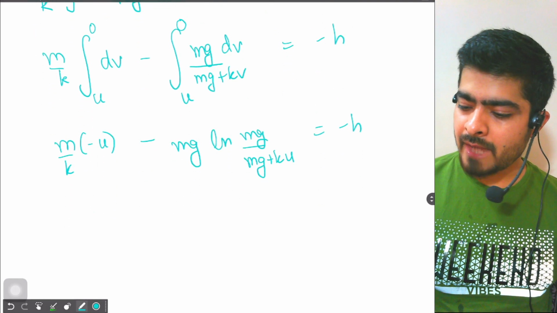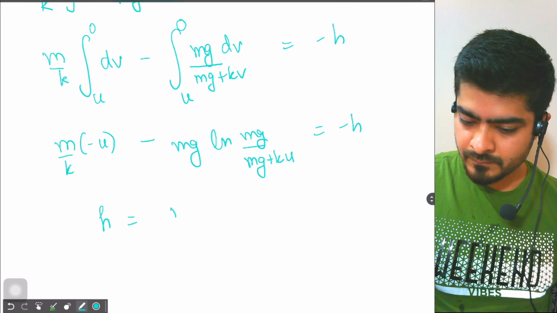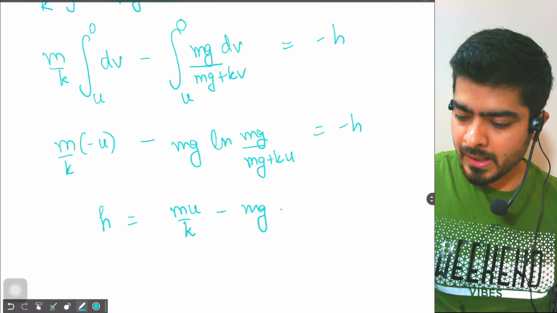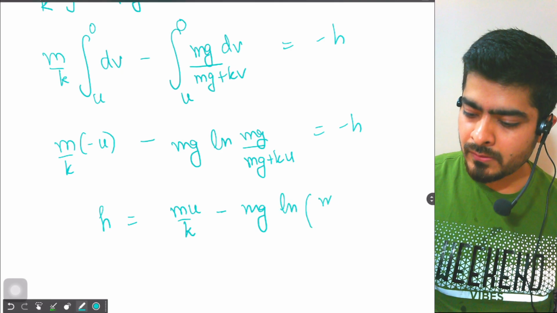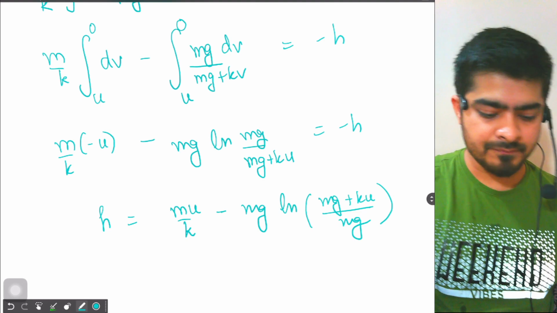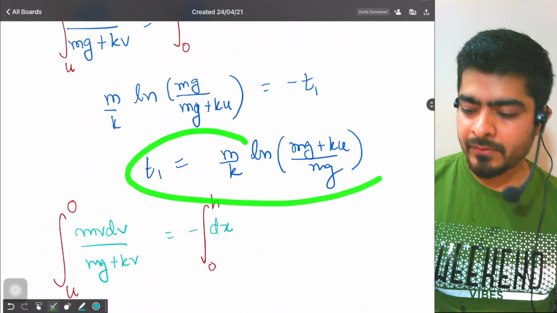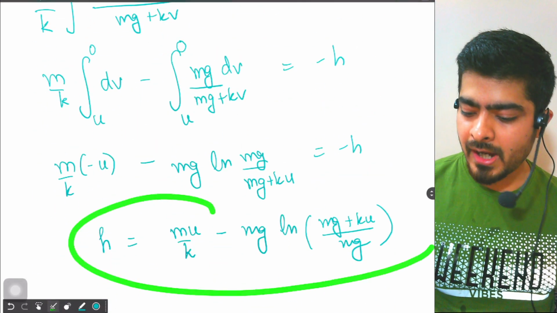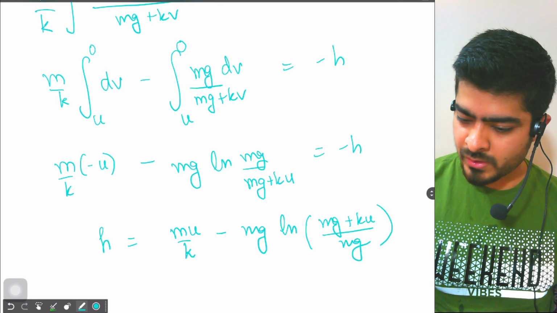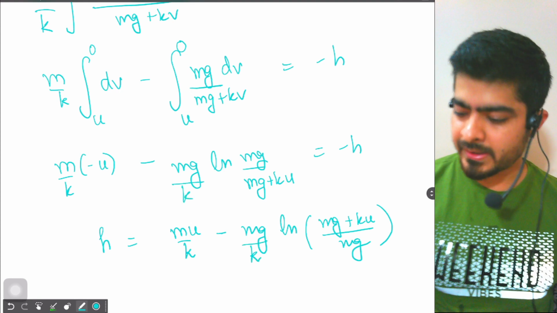From here I will get h equal to (mu/k minus mg log((mg + ku)/mg)). So I have time t1 and height h together. And obviously I made one more mistake here. I need to divide by the coefficient of velocity, I need to divide by k.